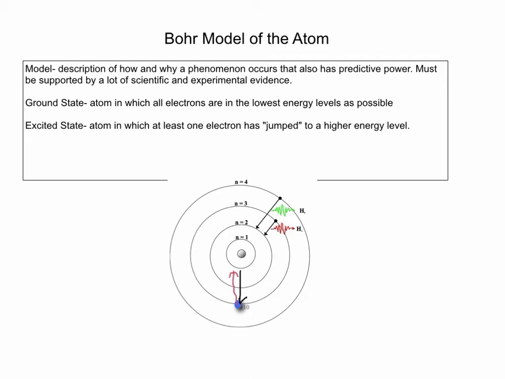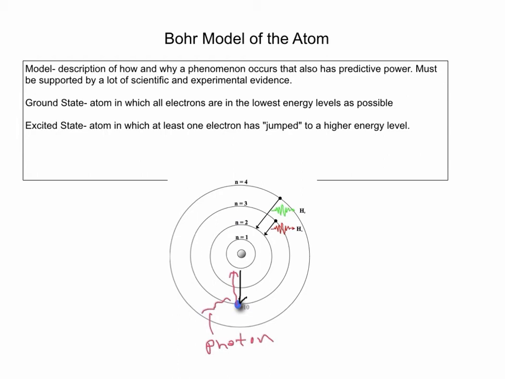If the electron is going to move back down to a lower energy state, that extra energy that it got from the photon has to be released. So when our electron drops back down to the lower energy level, a photon is going to be released from that electron as it moves back down. So in that way, energy is conserved.